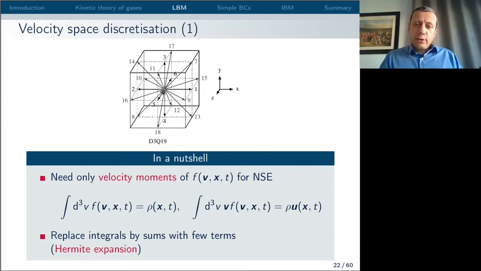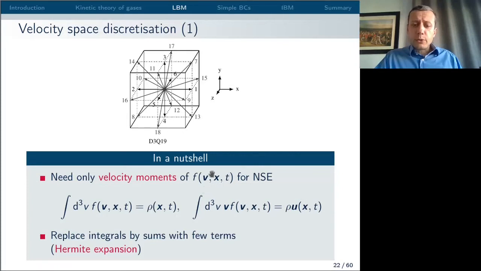Which means your velocity space discretization is perfectly aligned with your temporal and spatial discretization. It's basically like a checkerboard where you have a pawn which moves in every move exactly to one other field. You cannot end up between different fields. That is the analogy.